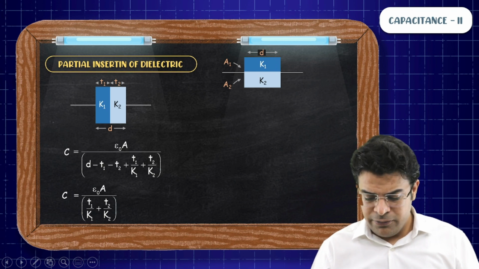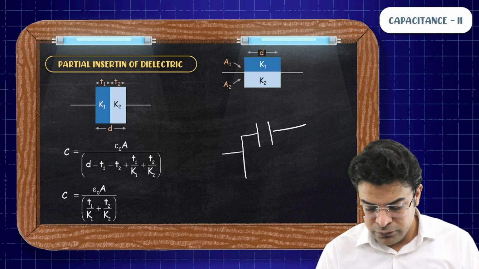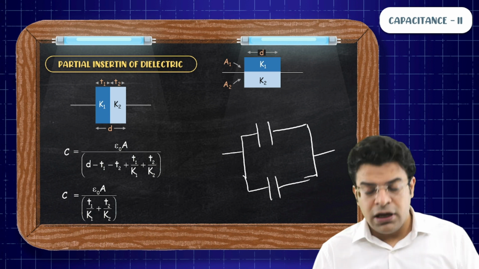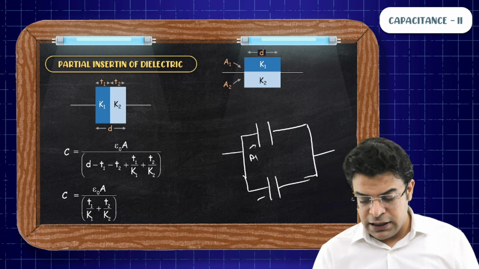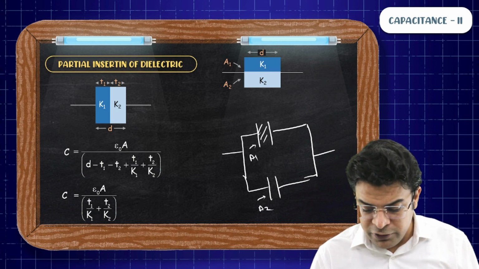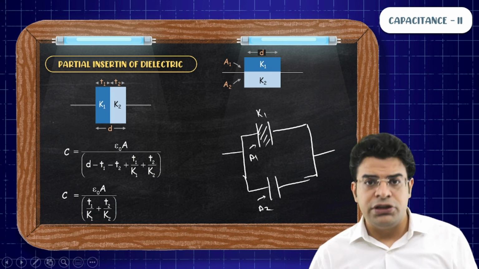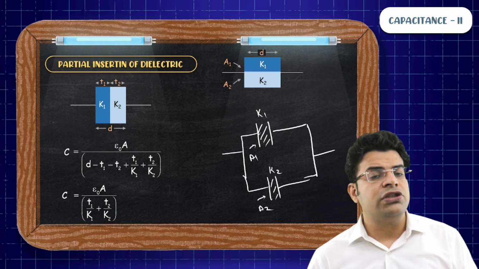So you will say, I can think of two capacitors in parallel. The upper capacitor having a plate area A1, the lower capacitor having a plate area A2. The upper capacitor filled up with a dielectric of dielectric constant K1, and the lower capacitor of plate area A2 filled with a dielectric of dielectric constant K2.